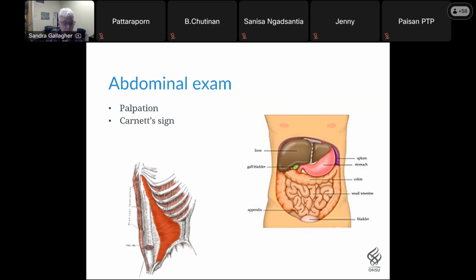If the pain worsens or stays the same, then we're saying, well, it was the abdominal muscle wall because you're still in contact with the abdominal muscle wall.